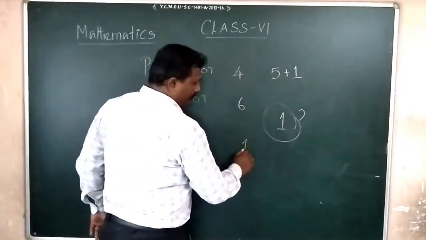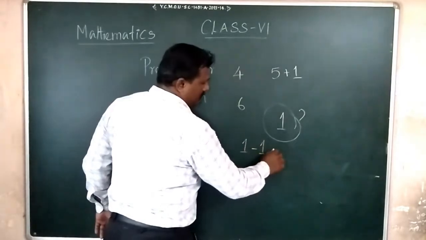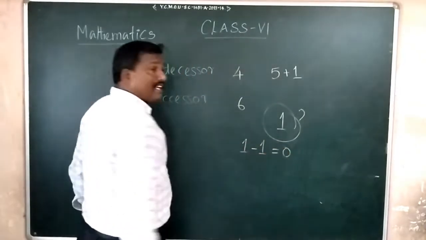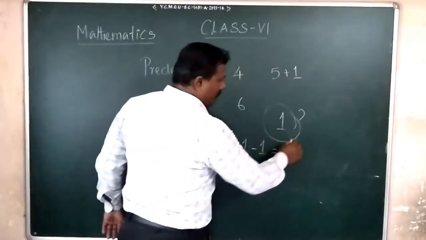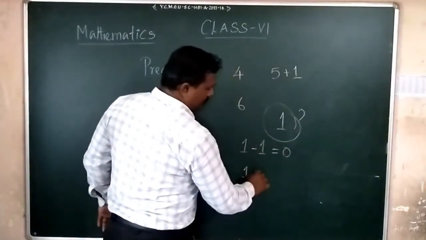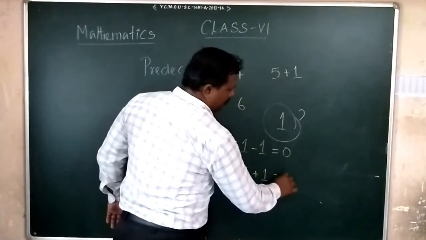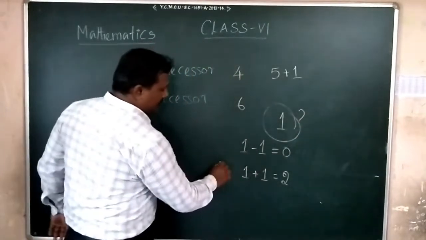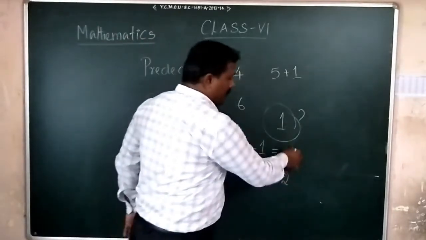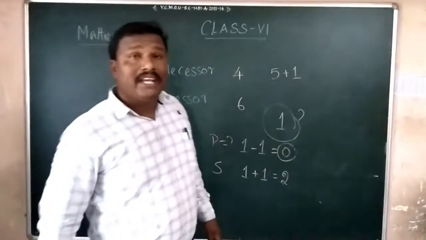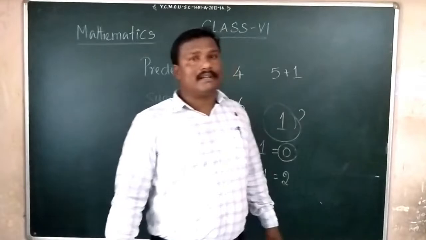What happens? 1 minus 1. So the predecessor is 0. The successor, you know very well, 1 plus 1, you will get 2. But the predecessor is 0. Now we want to know whether 0 is a natural number or a whole number.